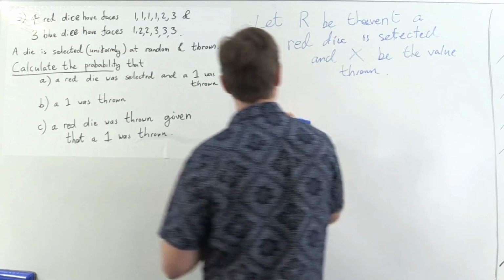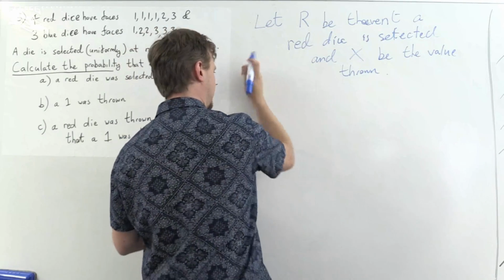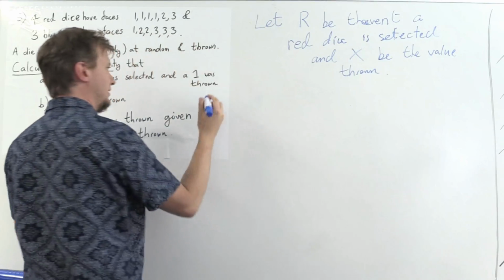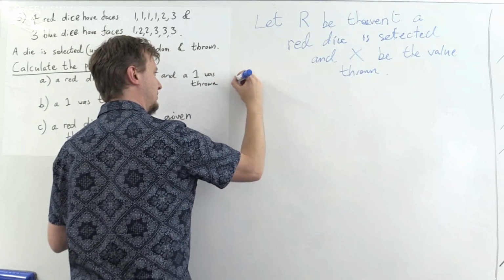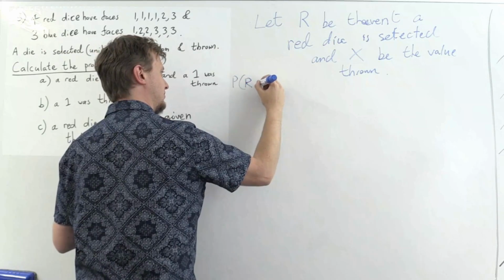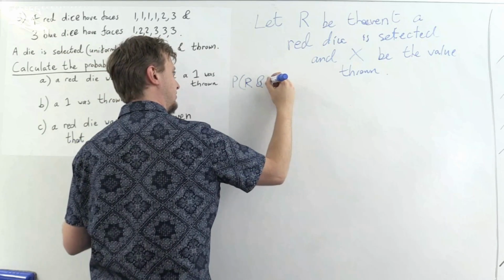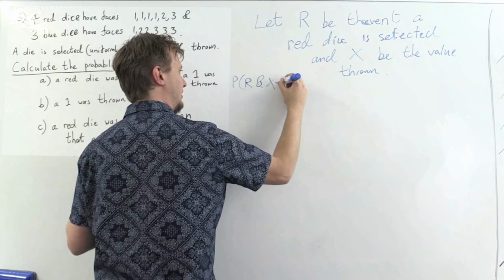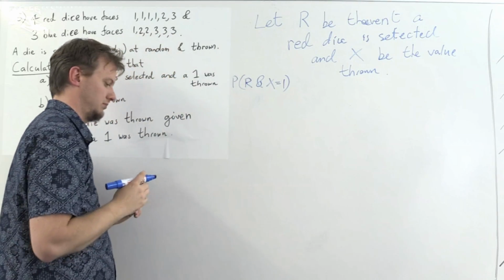So I'm looking for the probability that we select the red dice and x turns up a 1.